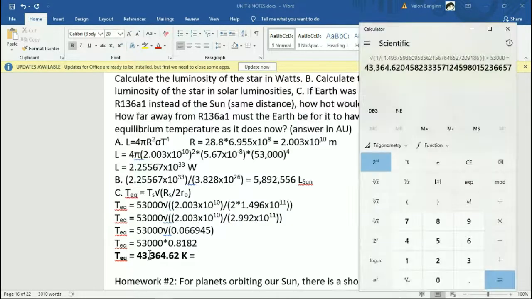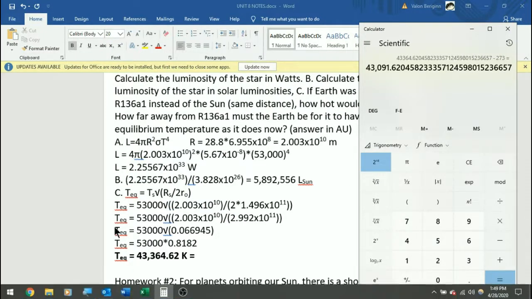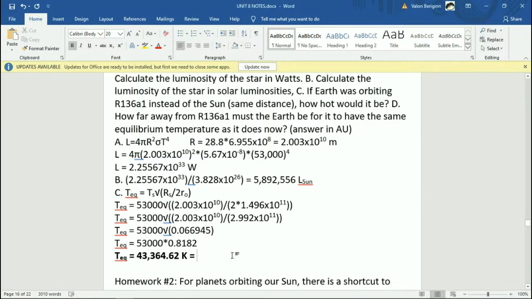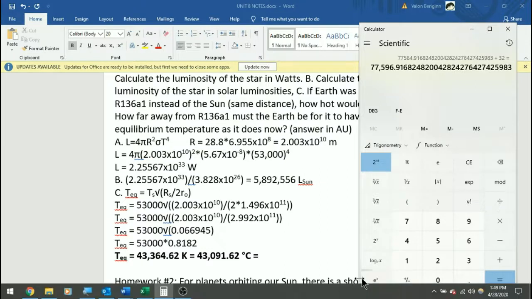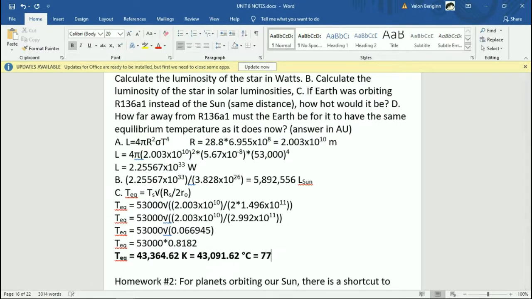Which, if you're wondering, is that in Celsius, and then times 1.8 plus 32. So you get basically 77597 Fahrenheit. So yeah, that's extremely hot. That's of course definitely not happening in terms of anything like life.